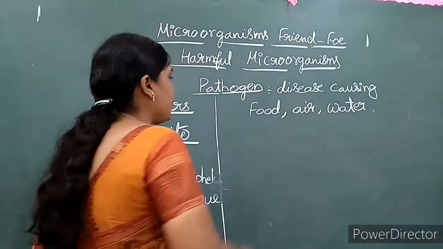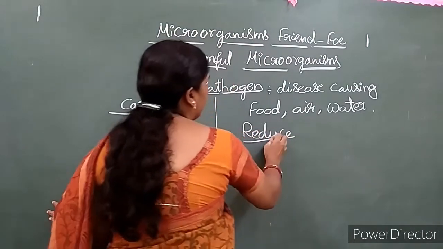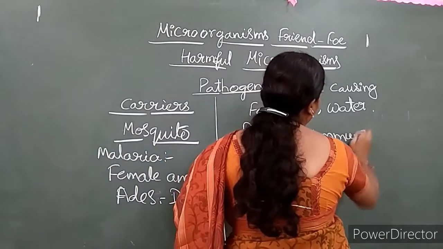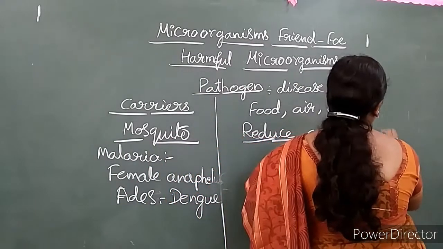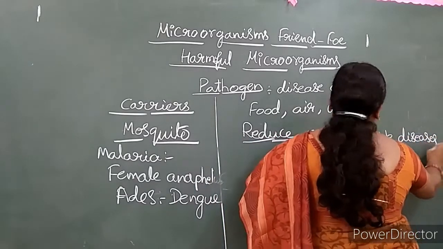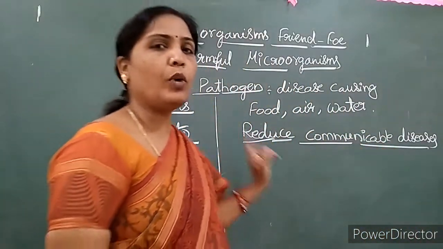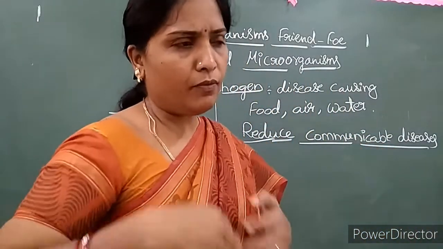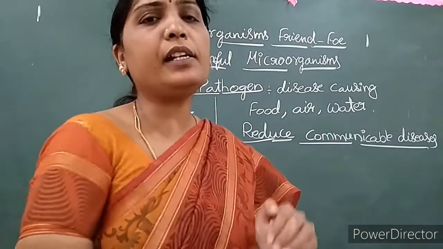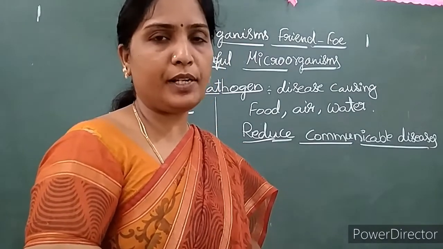Now we are going to see how to reduce communicable diseases, how to stop their spread. One thing, as you are well aware, because you are practically facing the situation, you know very well how to stop these communicable diseases.